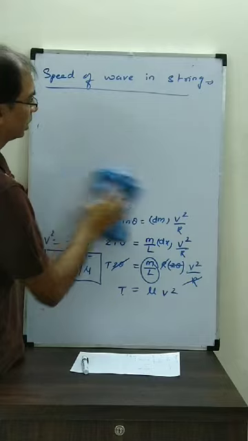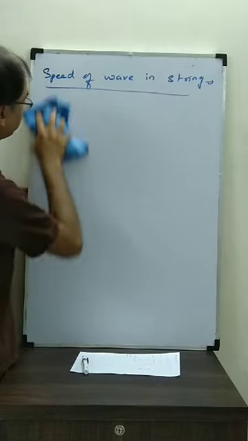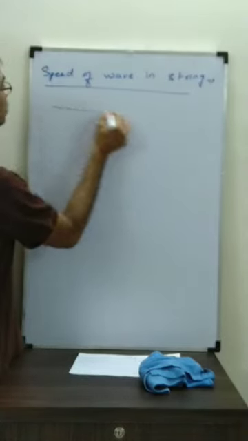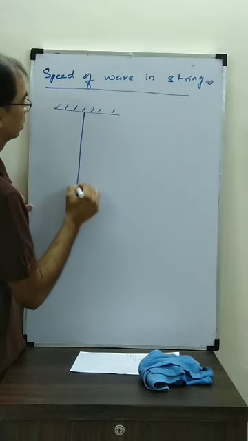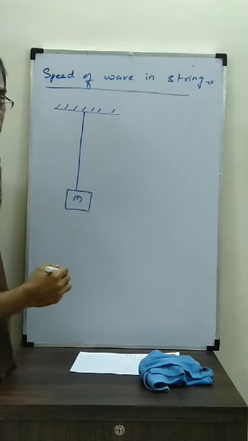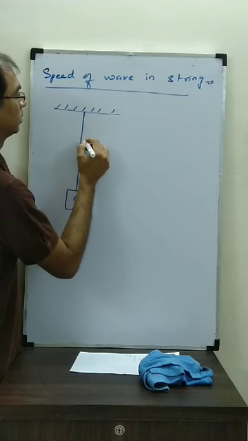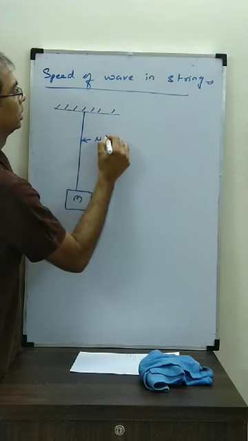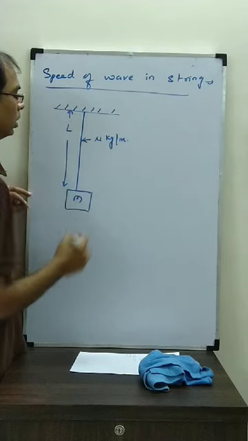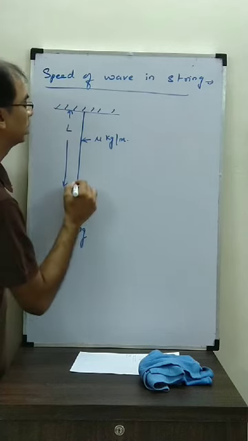Now, based on this, there are certain questions that we are going to solve right now. Suppose we have a string and a mass m is hanging with it. Its linear mass density you can consider as mu kg per meter, and its length is L. So what we know in this one, here there is a force mg and there will be tension.